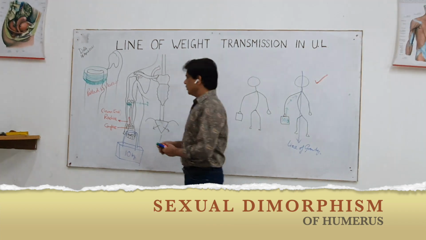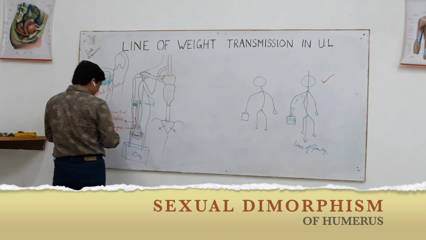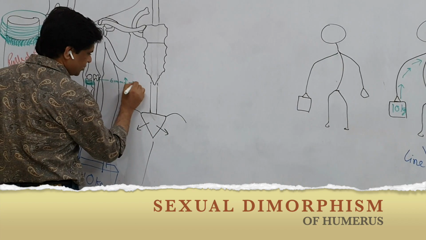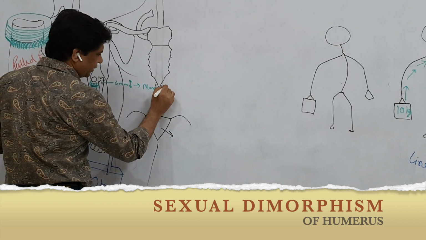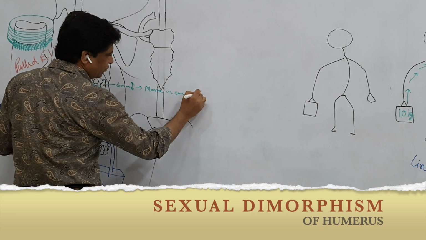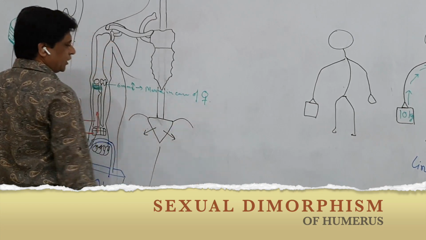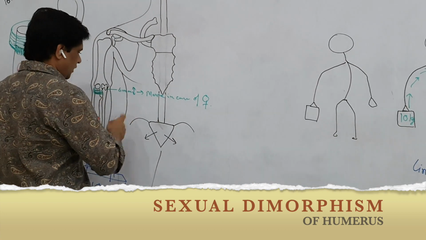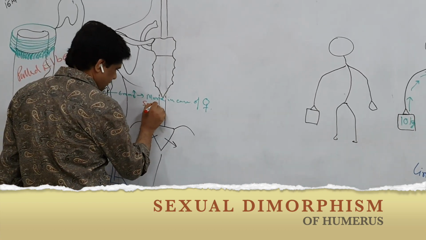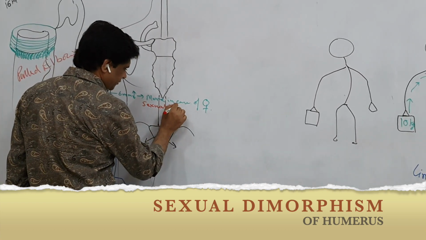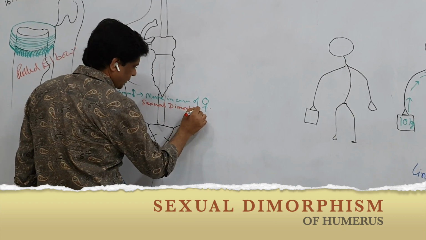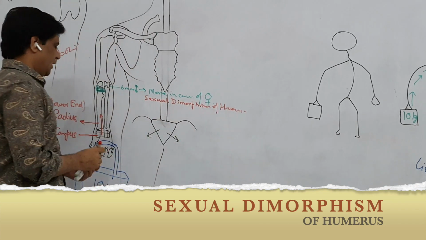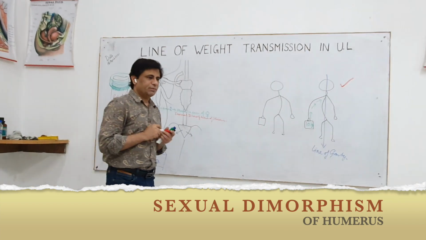So the medial flange of the trochlea helps in sexual dimorphism of the humerus. This helps in differentiating between male and female humerus.